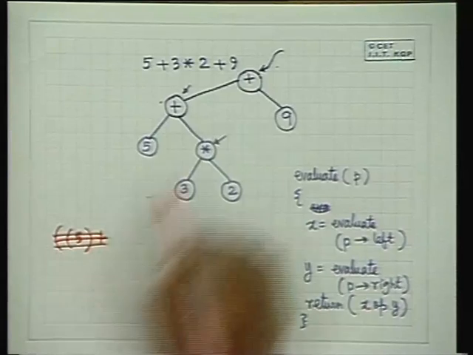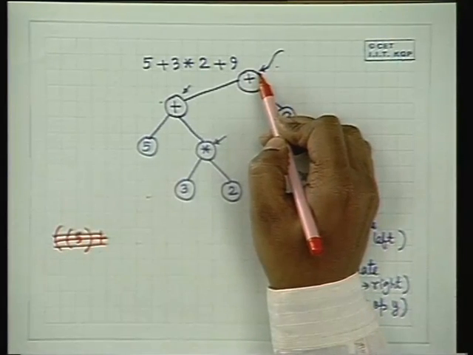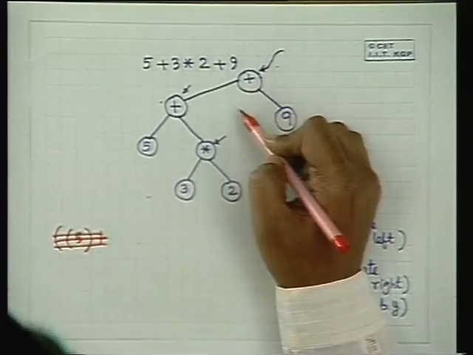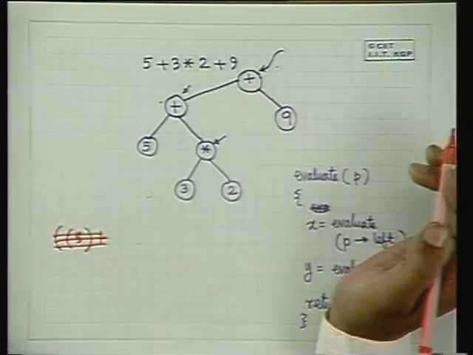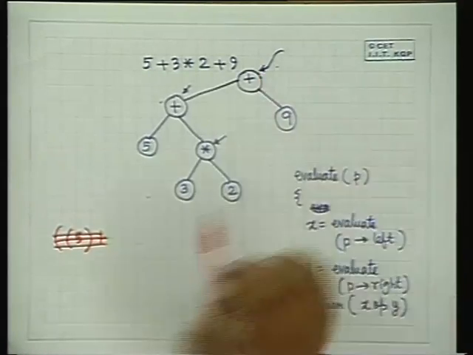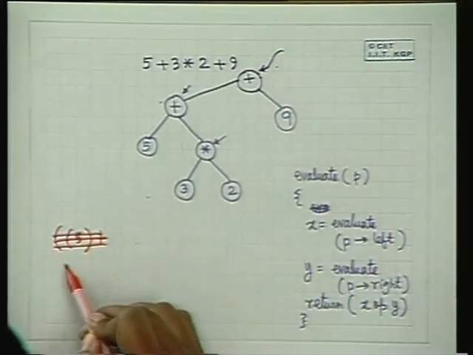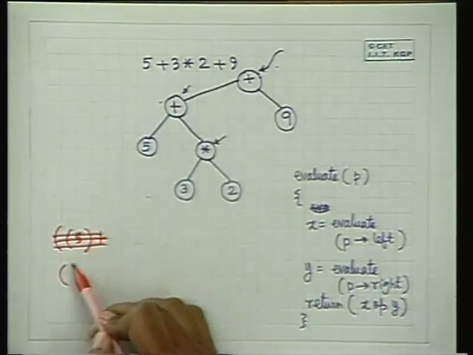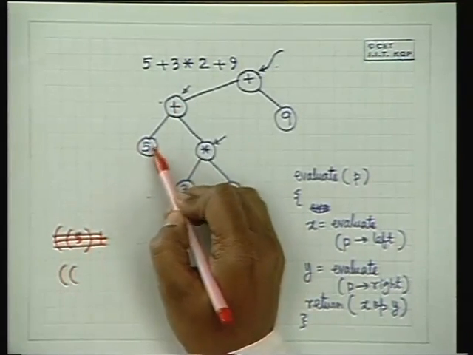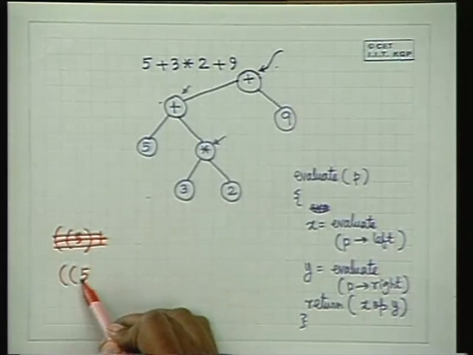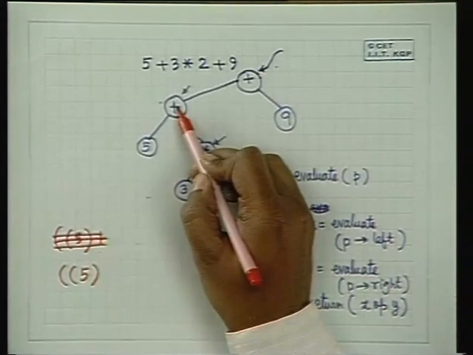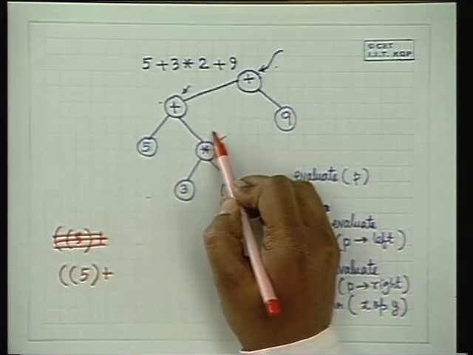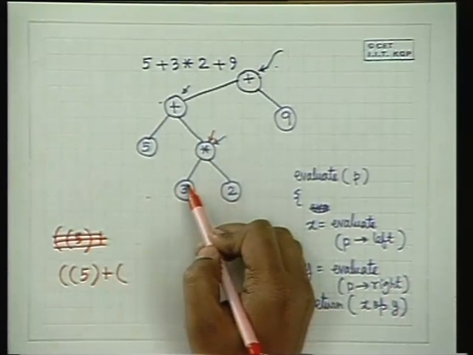Let's start again. First thing you do is print a left bracket, and the last thing you do is print a right bracket. And then do the traversal. So first you print a left bracket, then move left. Here this is not null, print a left bracket, move left. Here this is a data, so 5. Print a right bracket, move back. Print the operation, do this side. When you come here, print a left bracket, move left.